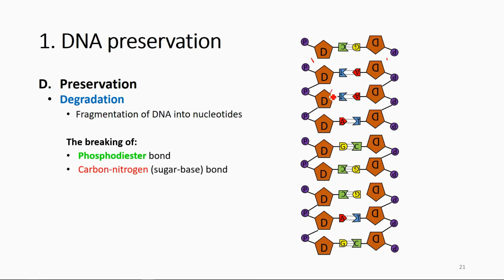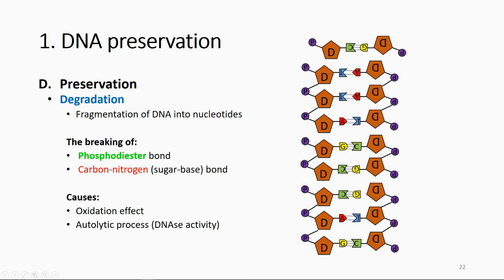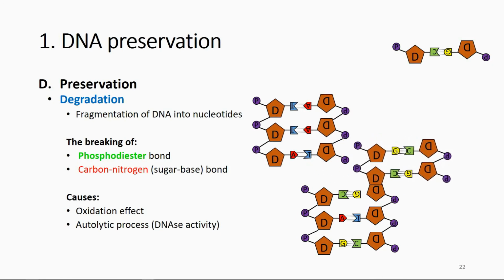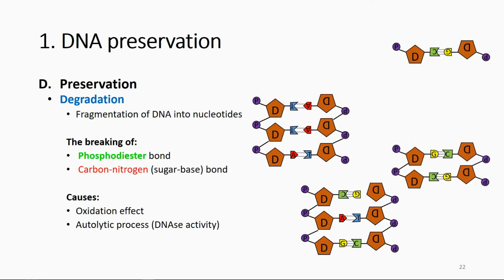Okay, for example, this one. The main cause of this degradation is the oxidation effect and autolytic process, for example some enzyme activity. This will cause the DNA, still with double helix structure, to break into smaller fragments.